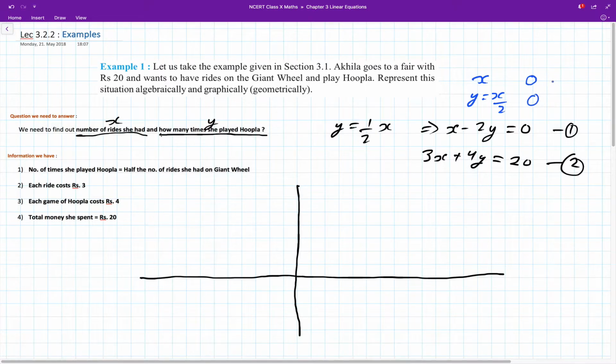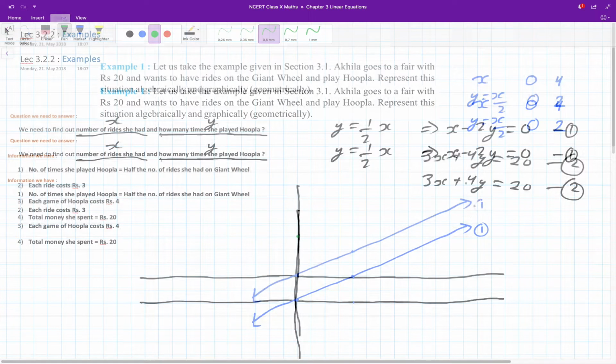And if x is, let's say, 4, y will be 2. So we have 2 points. The first point is (0, 0), and the second point is x is 1 2 3 4 and y is 2. We just join this straight line. This is our equation 1.